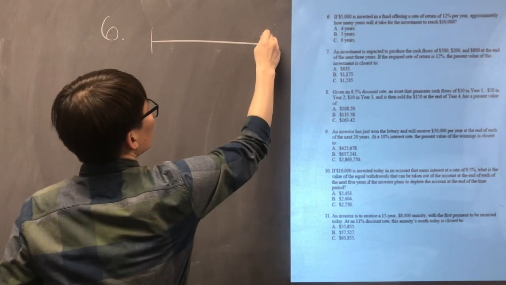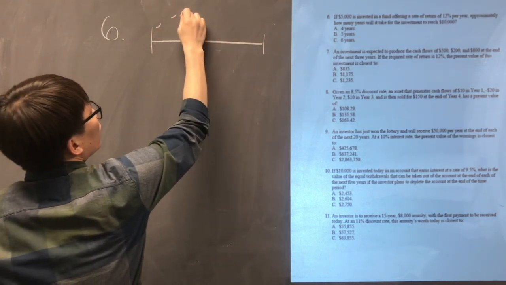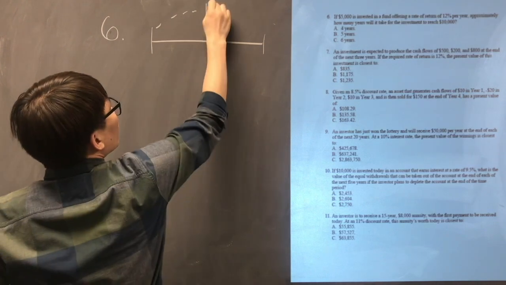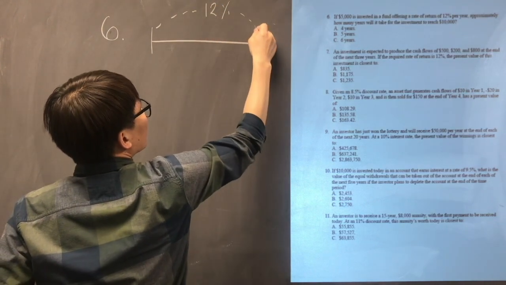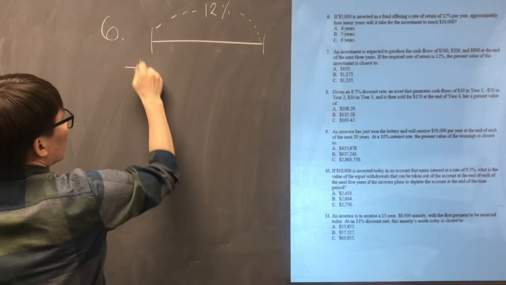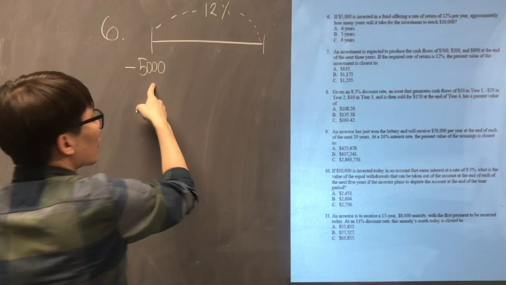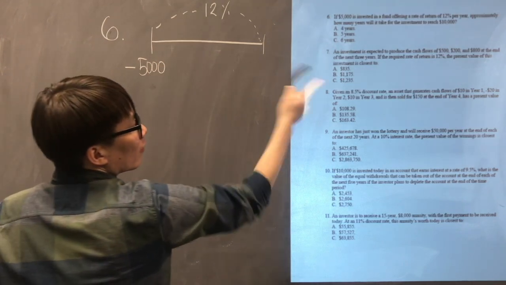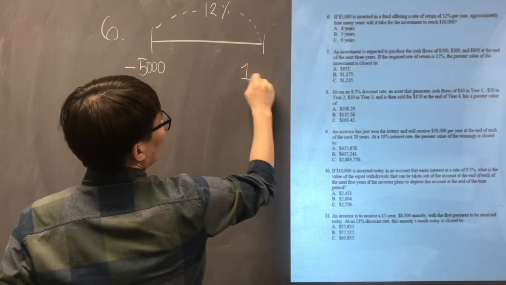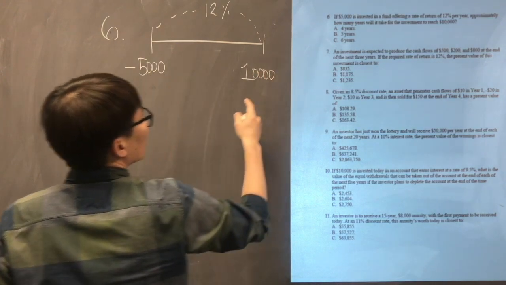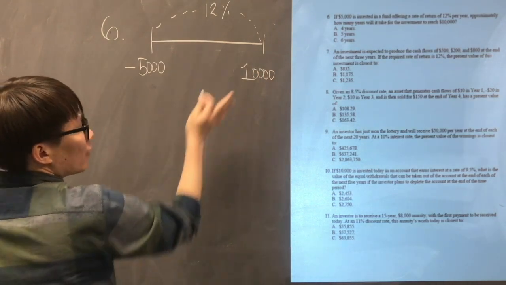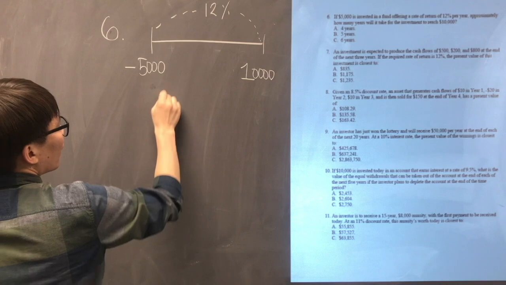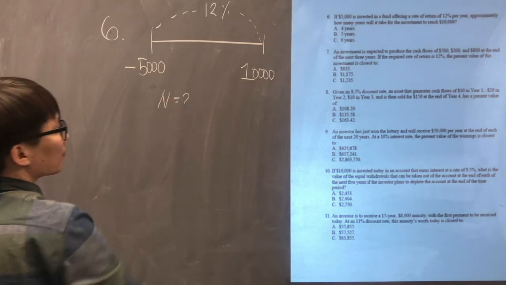So this is the situation. The interest rate is 12%, and we invest 5,000. We want to get 10,000. But we don't know how many years. So we need to figure out N, right?